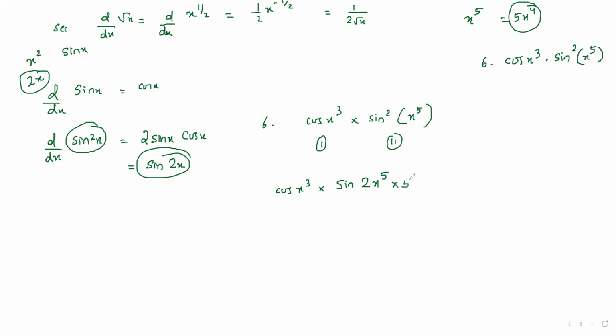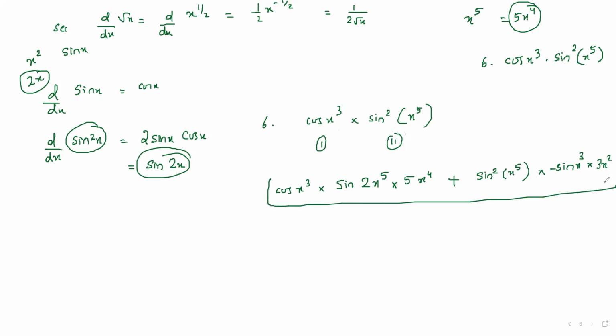So multiply that by 5x raised to 4, plus the second function, (sin squared x) raised to 5, into the derivative of cos(x cubed). The derivative of cos is minus sin, so minus sin(x cubed) into the derivative of x cubed, which is 3x squared.